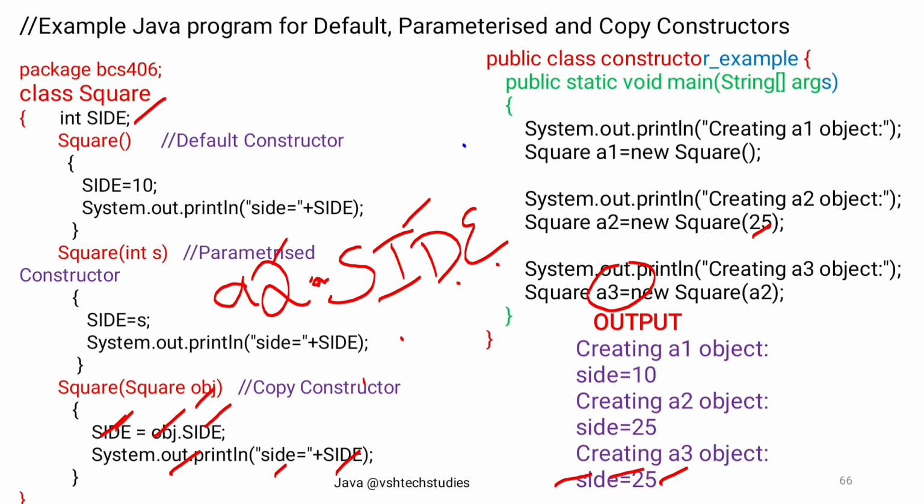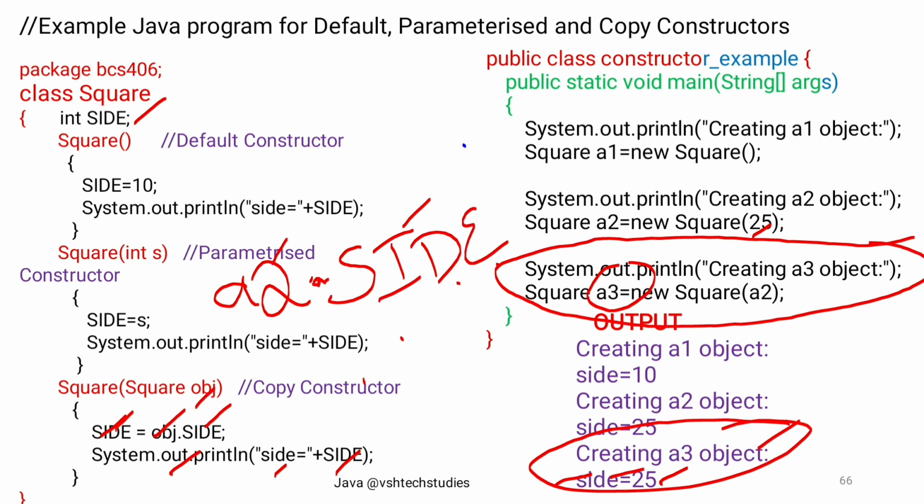Okay. So here two lines of output, these two lines are because of these two lines of code in the main program, right? So that completes the discussion regarding the three types of constructors available in Java through an example program.